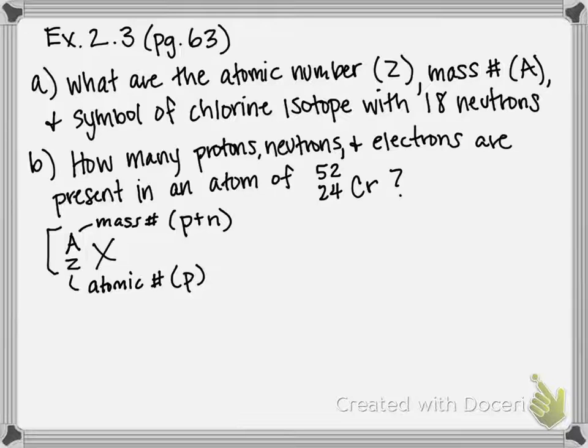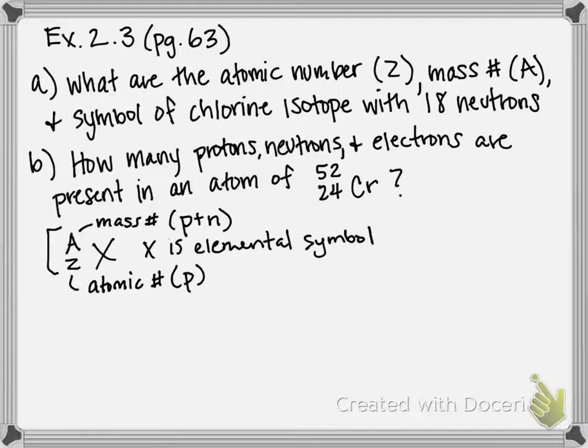That's written typically as a subscript to the left of the elemental symbol, and in this case we're saying that X is the elemental symbol. So Z is atomic number, that's number of protons.